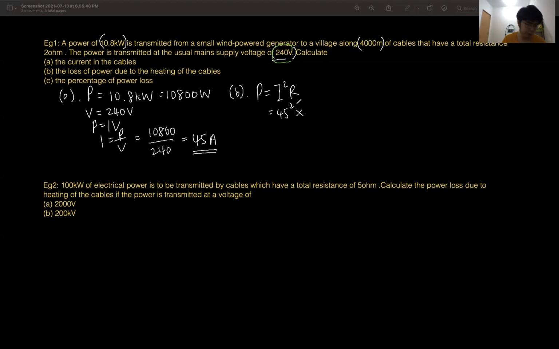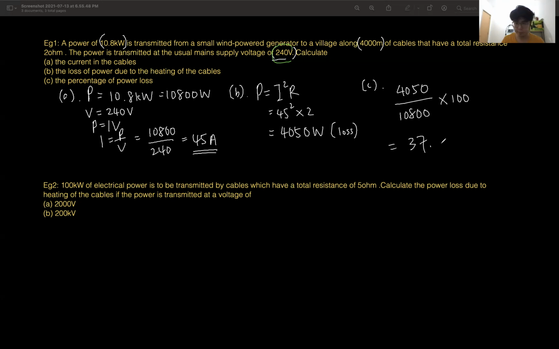What is the resistance? 2. 4050 watt of power lost. C, percentage of power loss. We just use 4050 divided by the power, 10800, times 100. That's it.